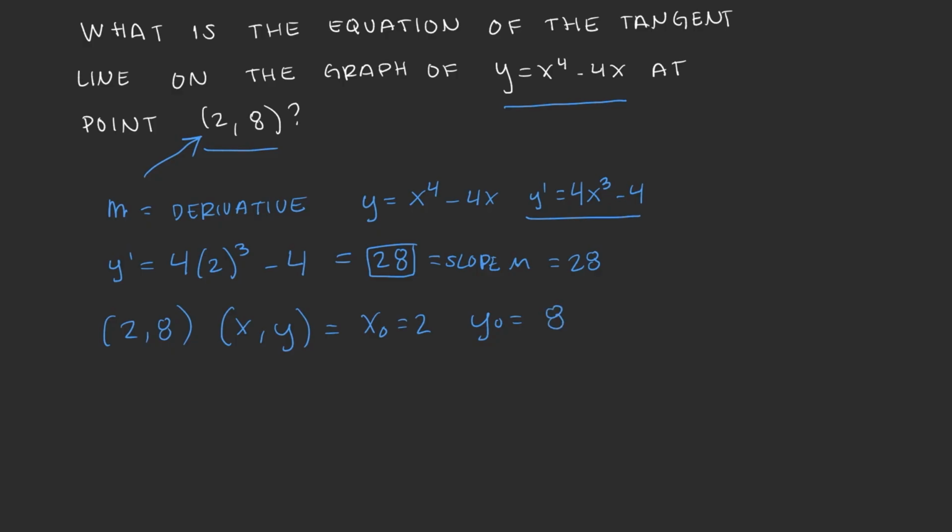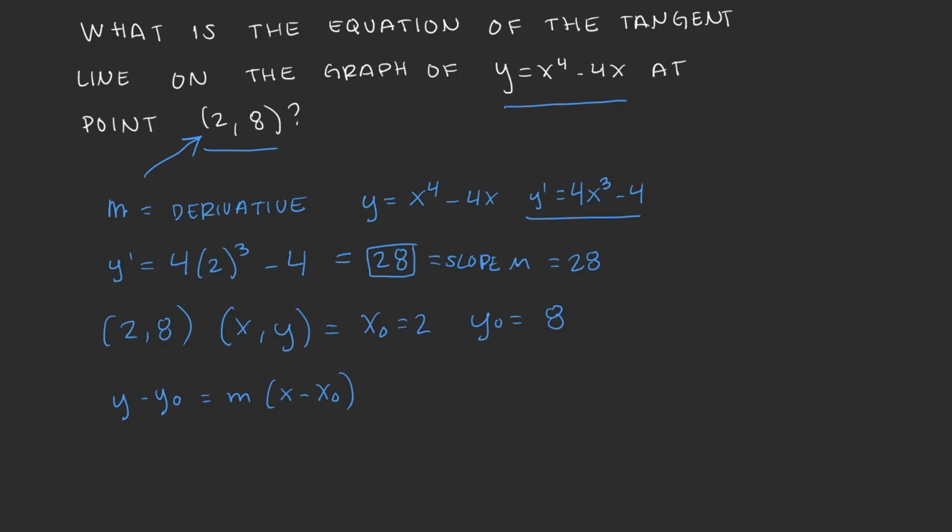Okay, so let's remember the formula. This one we'll be using is the point-slope formula, which is y minus y naught equals m times x minus x naught. So we already have our y naught, we have our m, we have our x naught, which is all that we need.